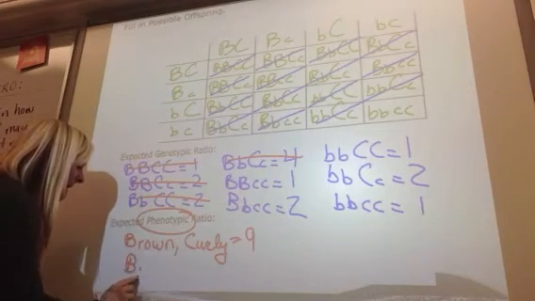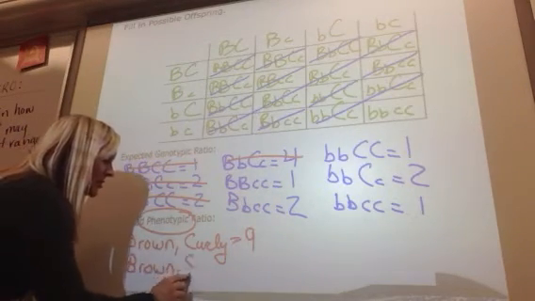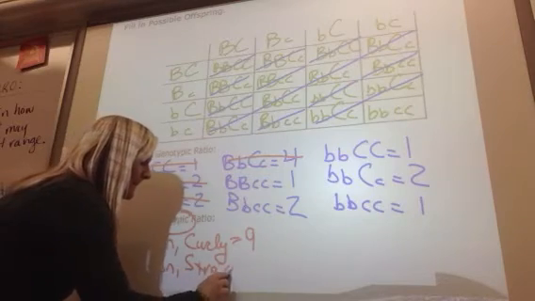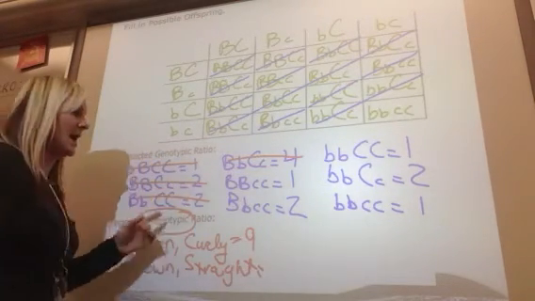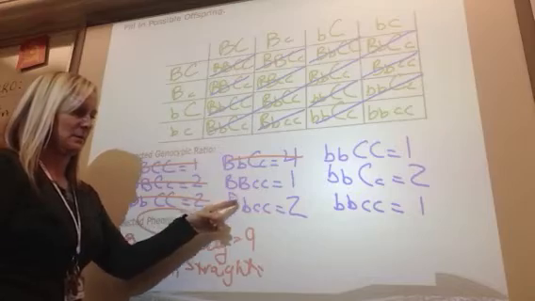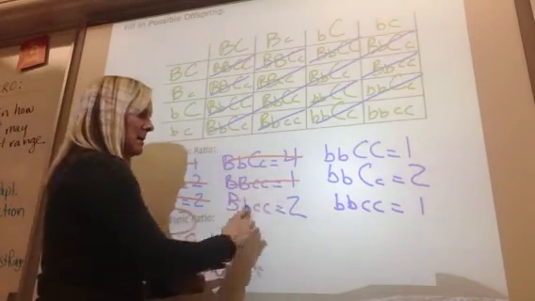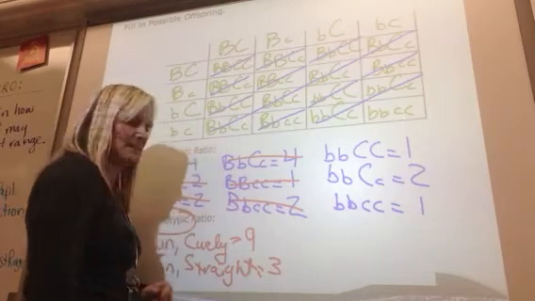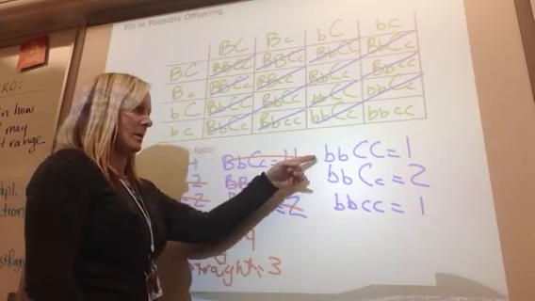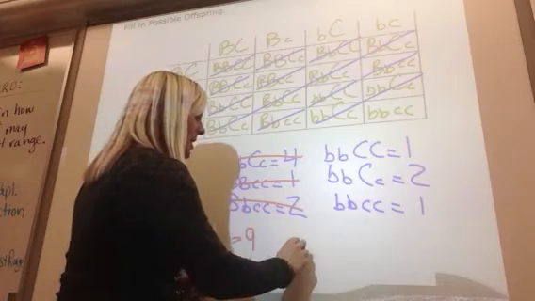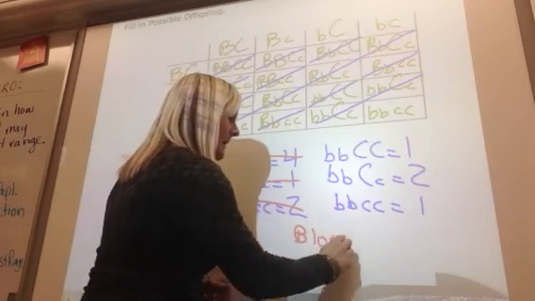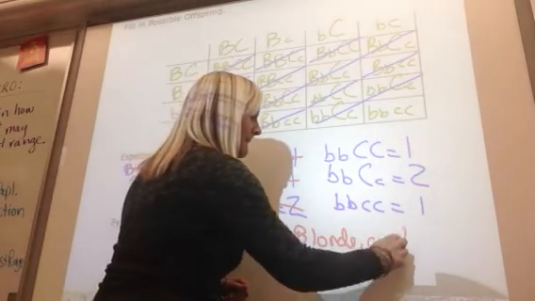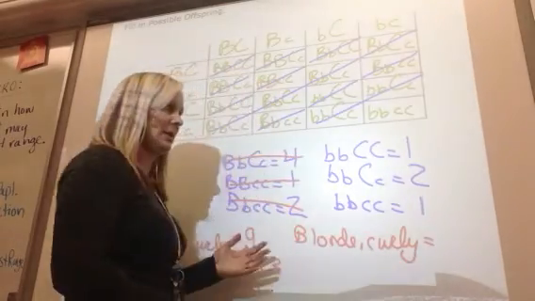How many brown and straight are there? Okay, brown and straight, right? That's 3. Not brown and straight. So I only have 3. Okay, what is this one? Well, that one looks blonde and curly. How many of those do I have?